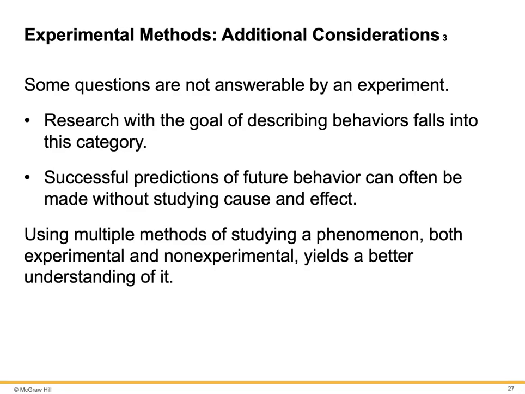In many real-life situations, a major concern is to make a successful prediction about a person's future behavior, for example, success in school, ability to learn a new job, or probable interest in various major fields in college. In such circumstances, there may be no need to be concerned about issues of cause and effect. It is possible to design measures that increase the accuracy of predicting future behavior.